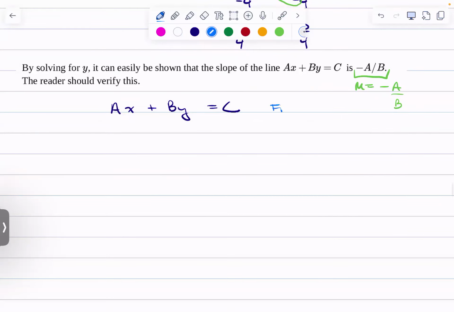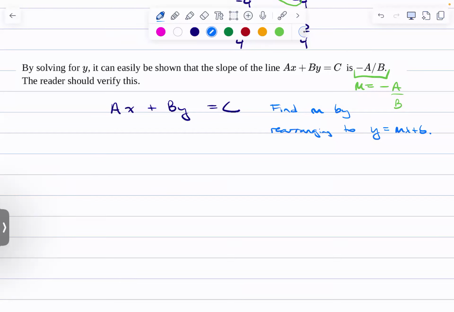So find m by rearranging, I should say, to y equals mx plus b.